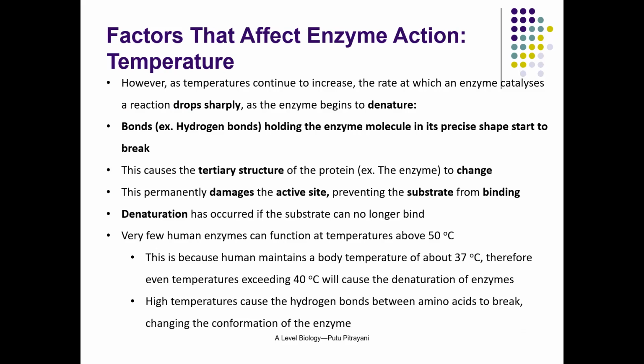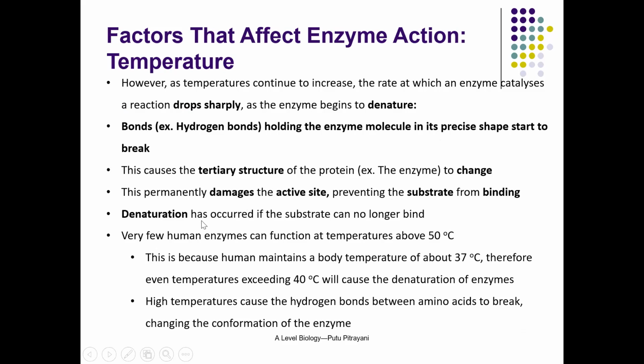Okay. So if you remember what denaturation is, basically the bonds, for example hydrogen bonds, that hold the enzyme molecule in its precise shape start to break. This causes the 3D structure, or the tertiary structure, of the protein to change. When the 3D structure changes, it can permanently damage the active site and prevent the substrate from binding to the enzyme.